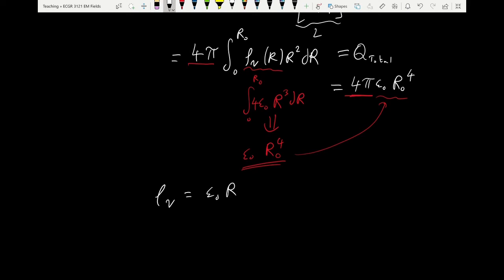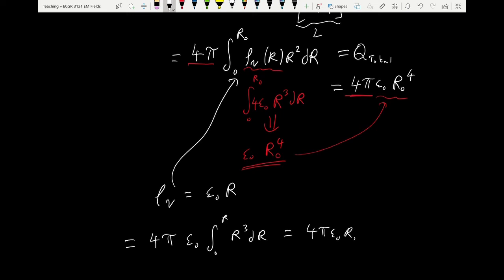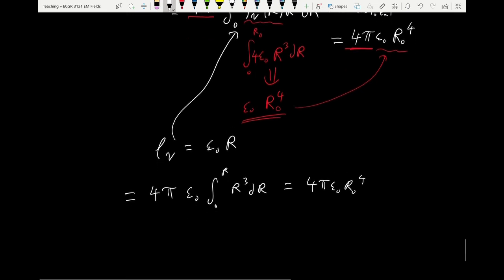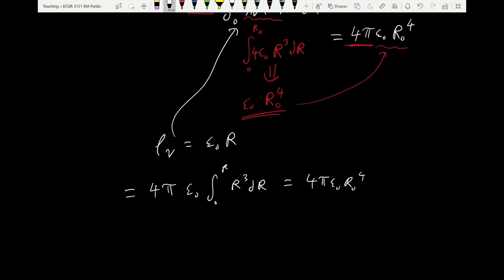When I plug that in, I end up with 4 pi epsilon naught integral from 0 to r naught of r cubed dr equals 4 pi epsilon naught r naught to the 4. And this right-hand side is equal to this left-hand side. I can see that clearly.